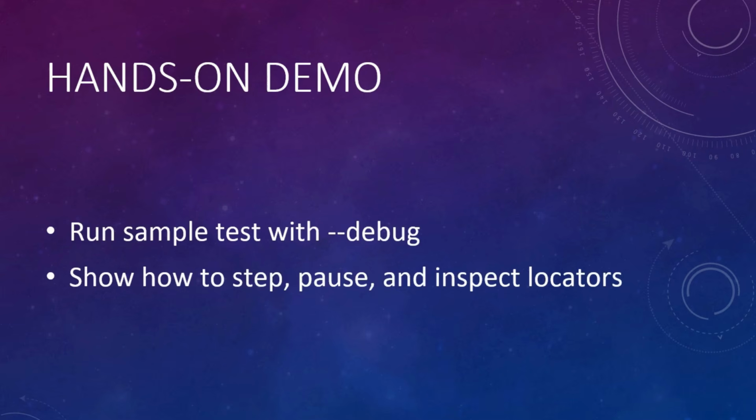We have run a test with npx playwright test --debug. You have seen the Inspector window open. From there, we have paused the test at each step and verified locators directly, and then continued execution. This makes debugging a breeze.